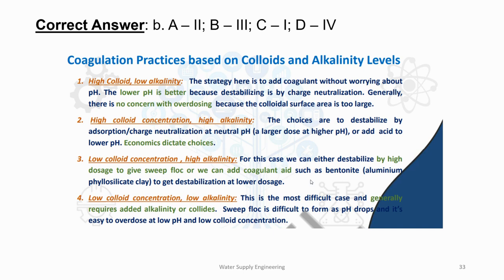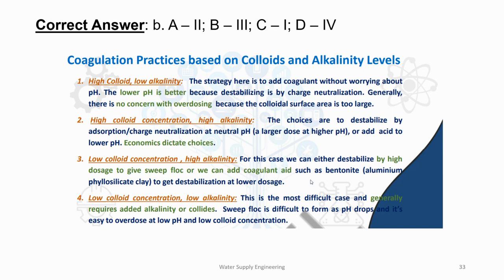When we add a high amount of coagulant, the colloids will get entrapped and precipitated. Or else we need to add strong coagulant aids, for example bentonite, an aluminium phyllosilicate clay, so that at lower dosage itself we can achieve destabilization.